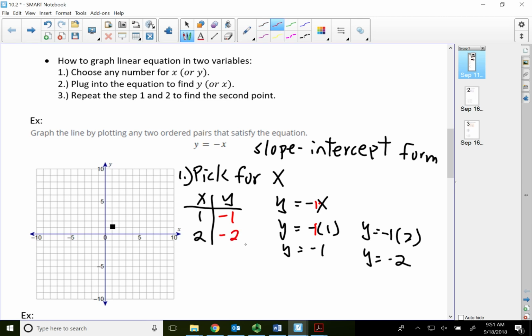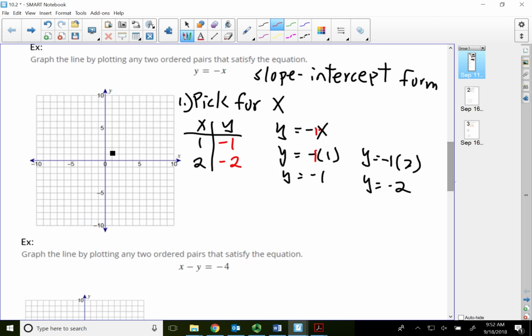This is some of the most basic equation of the line. So when x equals 2, y is negative 2, so I would go to the right 2 and down 2.